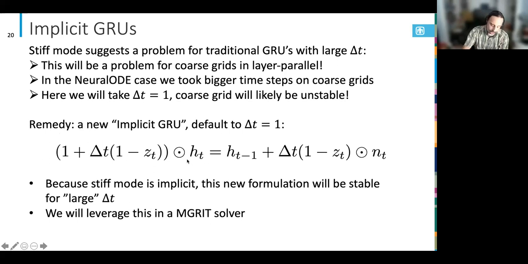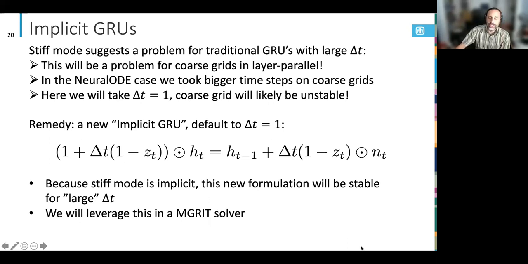So I'm changing the GRU algorithm now a little bit. And when I do that, it allows me to actually take bigger time steps and step over this stiff mode, this stiff decay here, but still incorporate the instantaneous information from the sequence data.